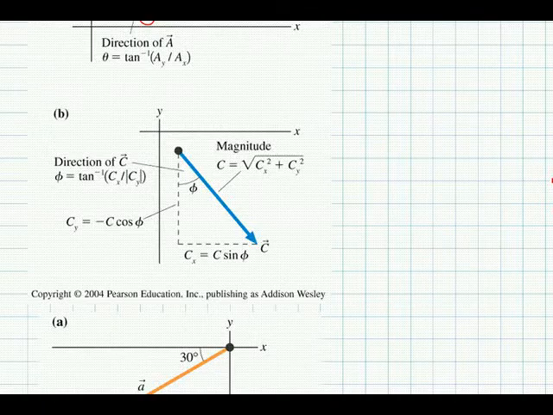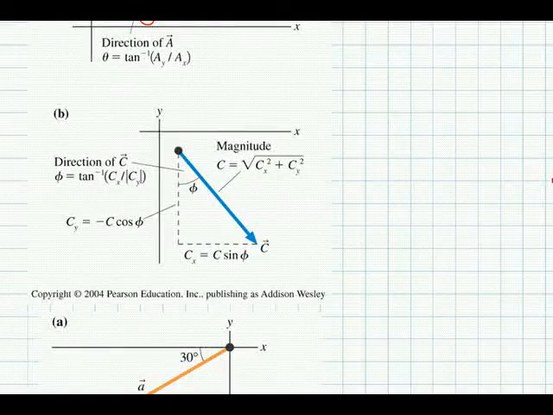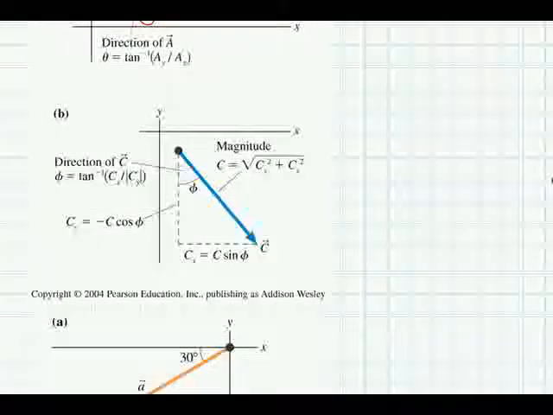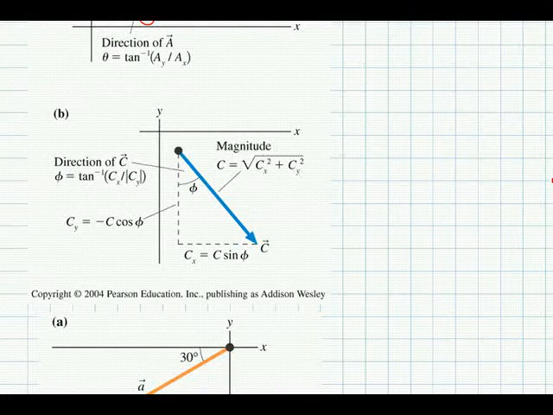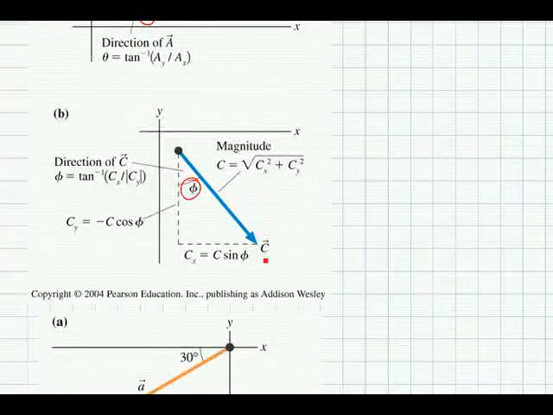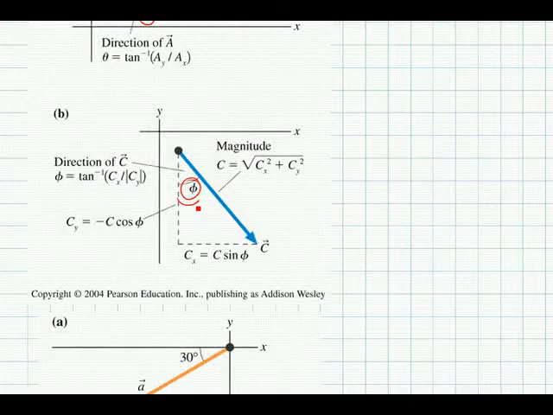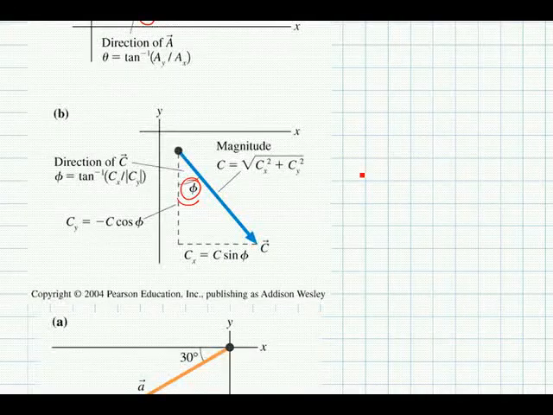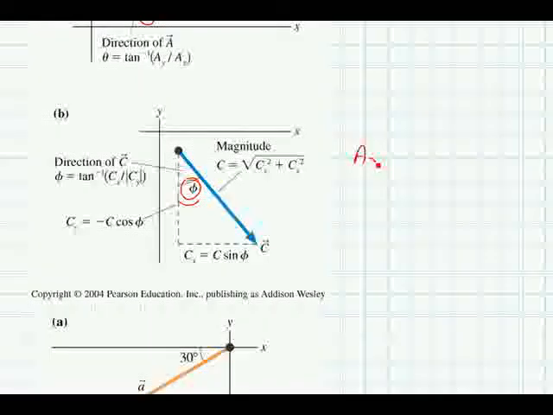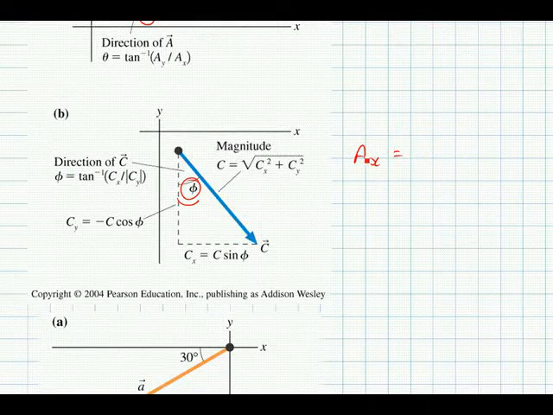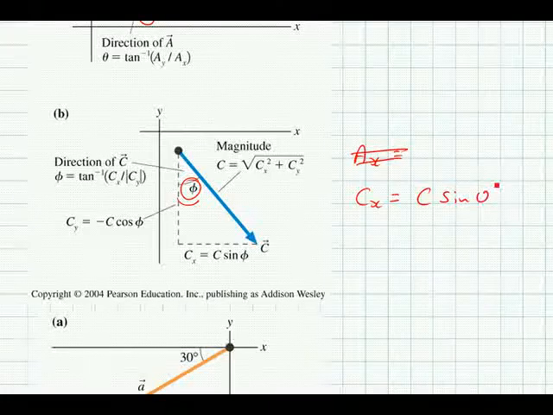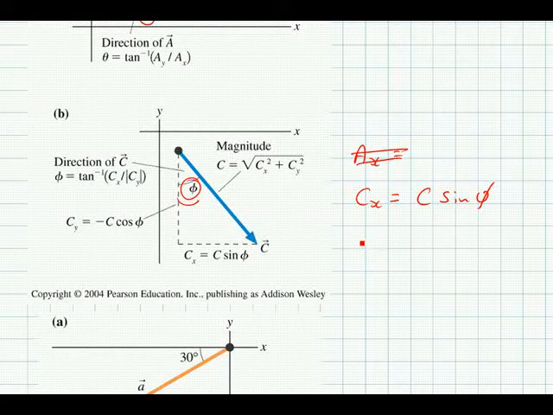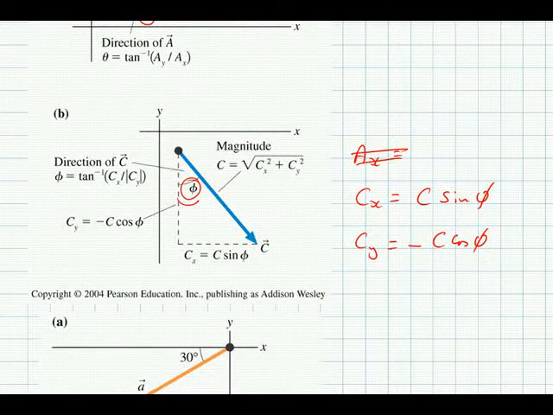It's important to remember that the direction of a vector is not always mentioned with respect to the positive x-axis. In this case, the direction of vector C is given by angle phi with respect to the negative y-axis. In a case like this, the Cx component of C is C sine phi, and Cy is negative C cosine phi.